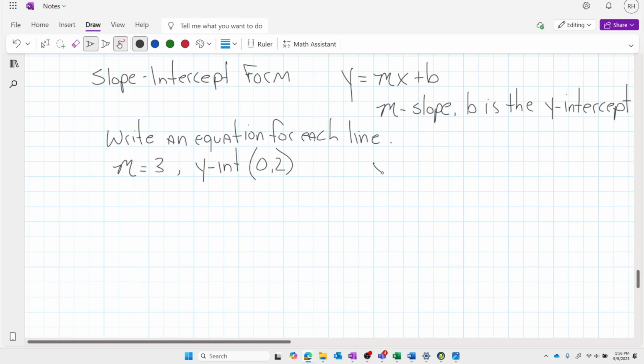Your equation is simply going to be y is equal to the slope, which is 3, the letter x, and if your y-intercept is at 0, 2, then this is just a positive 2.